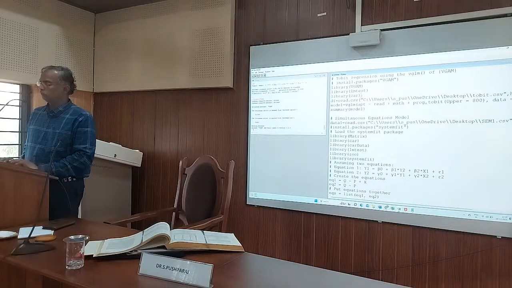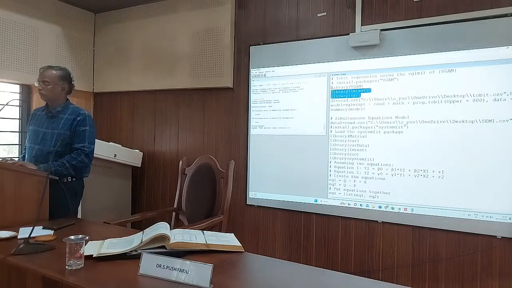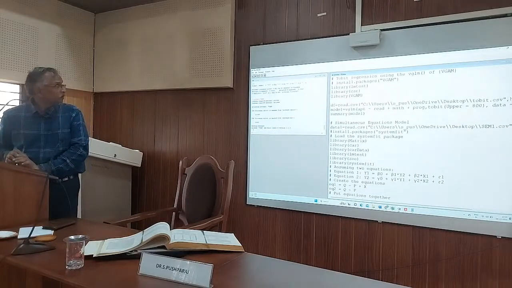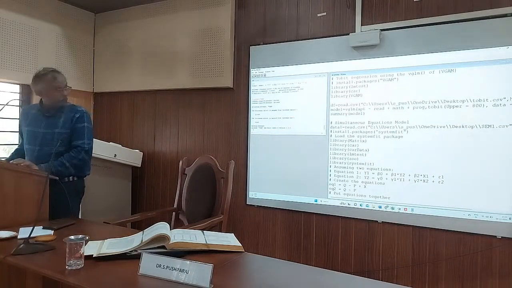So I'll just paste it before this. Only then it will not show any error. It requires only these three.